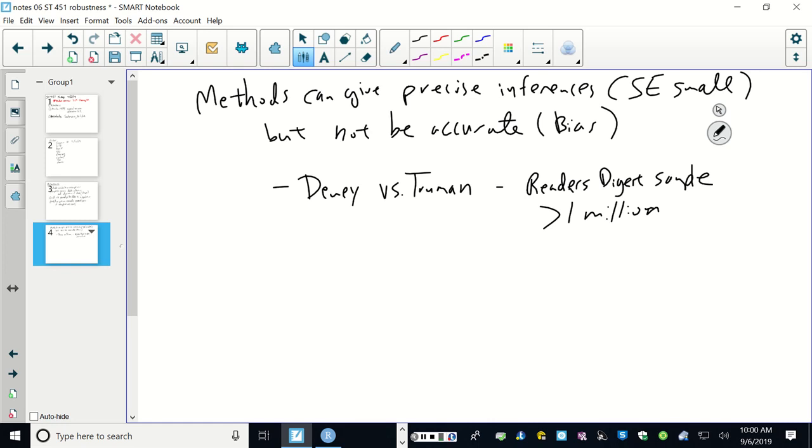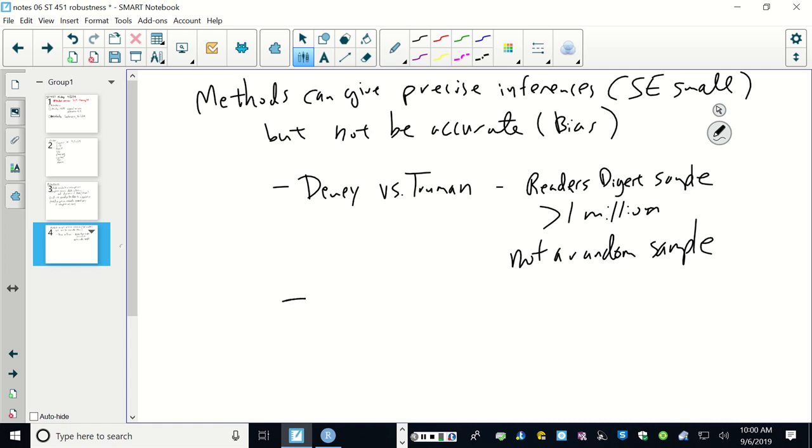And so it was really off because there was a bias there. Right? So this one was not a random sample. Right, and so there was a bias there.